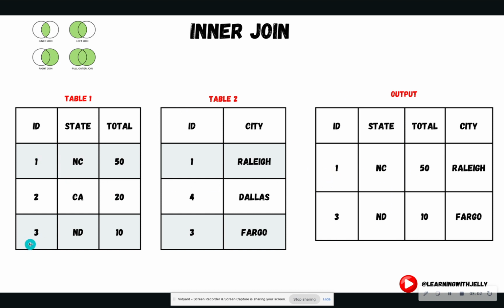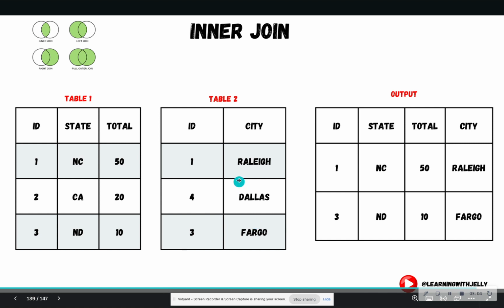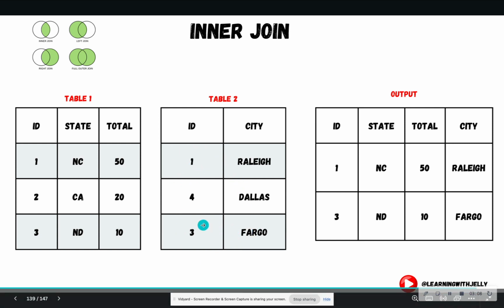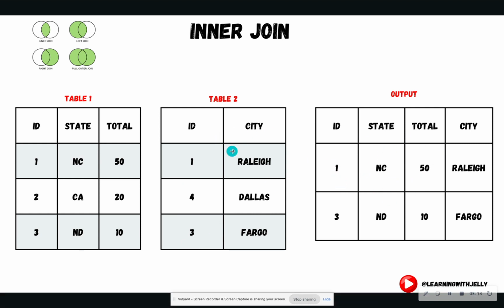So the two IDs that are the same in both of these tables are going to be IDs 1 and 3. So our output is going to have all of the columns: state, total, city, as well as ID in this case. And we see that we have joined the information together.